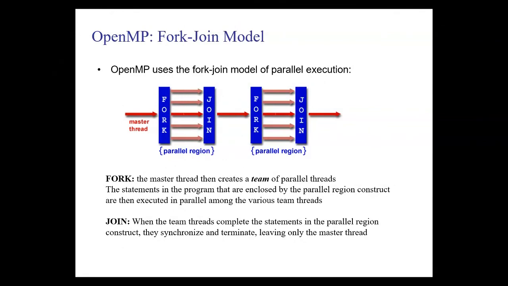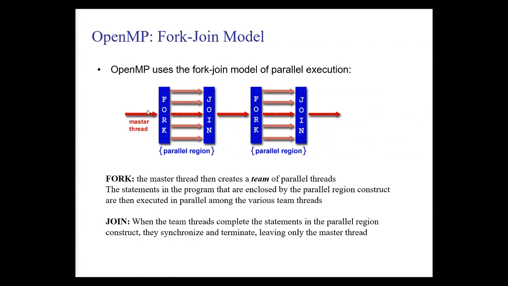Here is a simple explanation of the programming model in OpenMP. It uses a fork-join model of parallel execution. Your code starts as sequential code running, say, on one CPU.